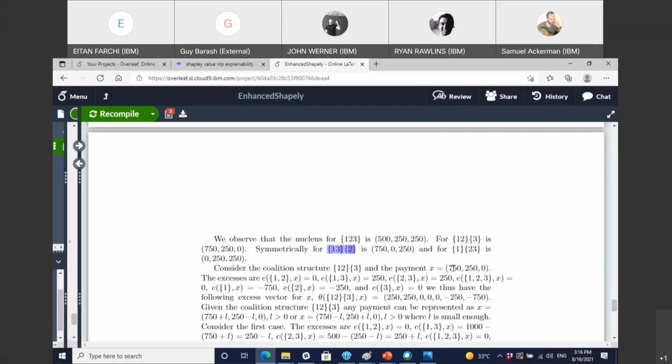So that's a positive excess. Okay, so we see here that the excess of 1, 3 given the payment is 250. Is the concept of an excess clear? Because that's the fundamental concept here.